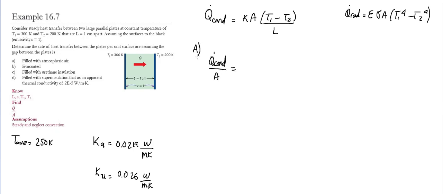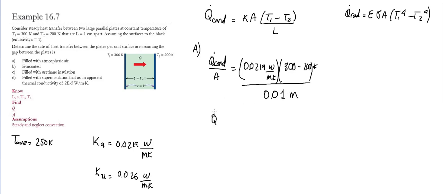So for part A, the value of k for air is 0.0219 watts per meter Kelvin. And the difference between temperatures is going to be 300 minus 200 Kelvin. And the distance in between is going to be 1 centimeter, so it's 0.01 meter.